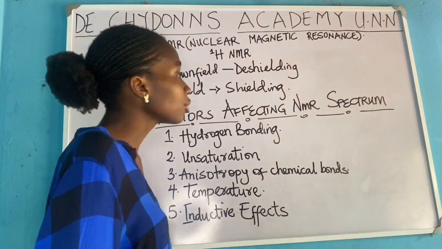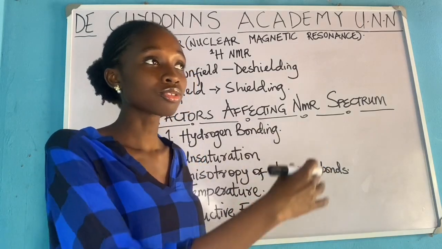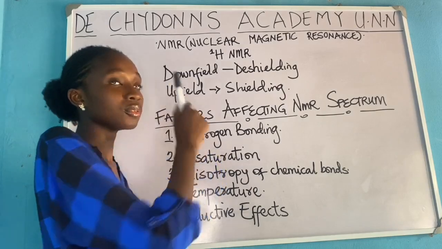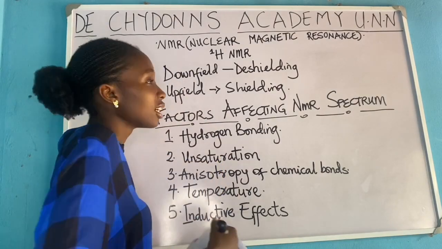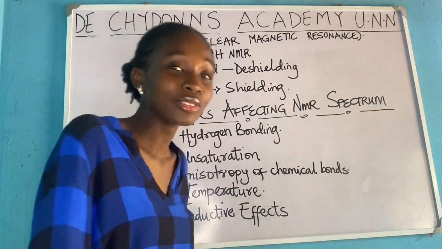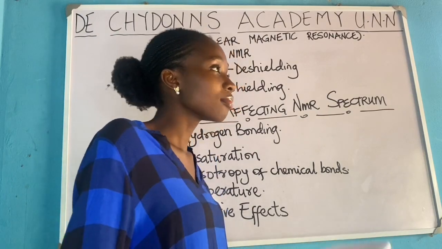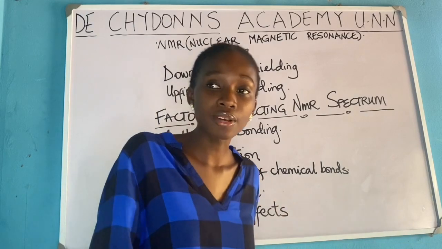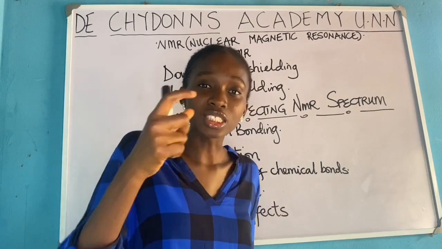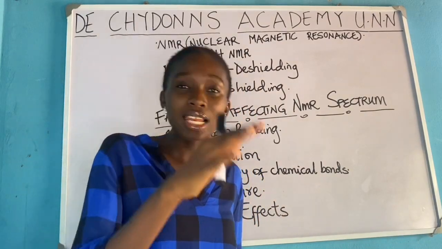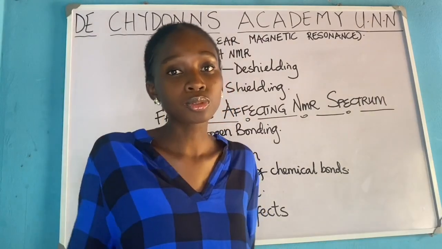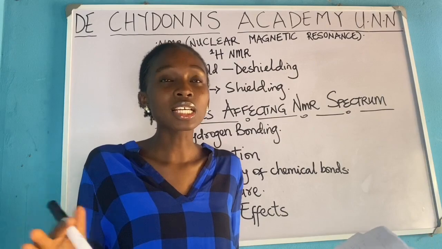But for now, we'd like to talk about the NMR spectrum, the upfield and the downfield. First of all, when you say downfield, the word down suggests it's going down the drain. But in NMR, when something is going in the downfield direction, it means there is deshielding. The electrons that were supposed to cover the protons are now removed, so the protons are a bit naked.